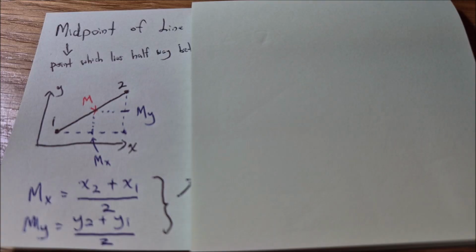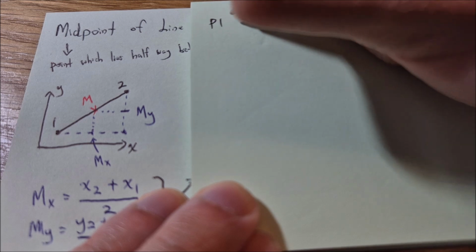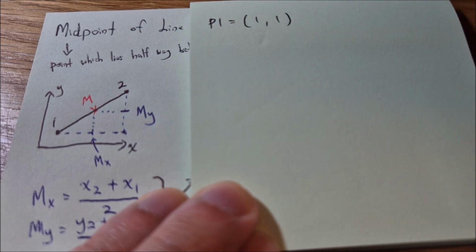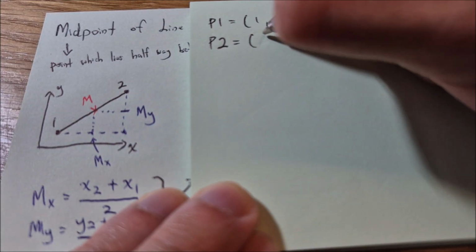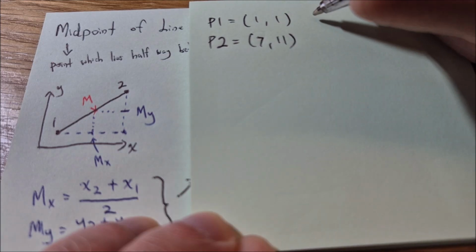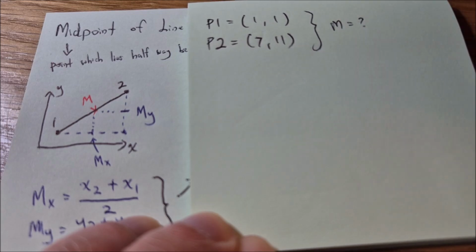So as an example, let's say our point 1 is (1, 1), and our point 2 is at (7, 11). We want to find what the midpoint is.